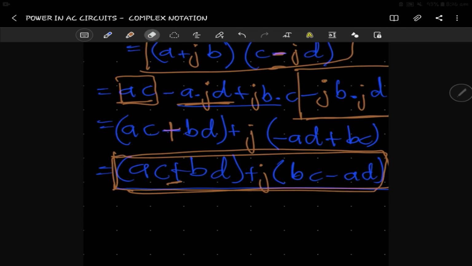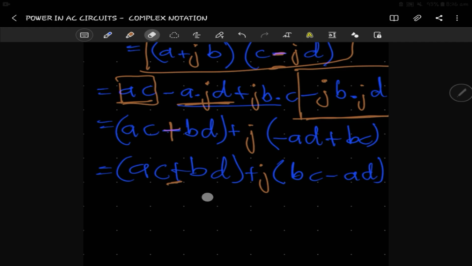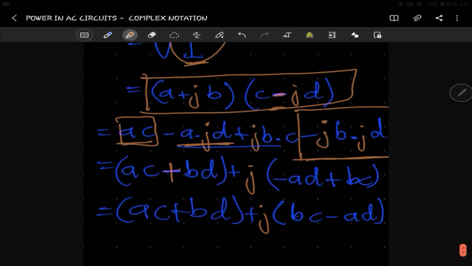So always, whenever you are trying to find power using the complex forms, and you have the voltage and current, you conjugate the current. Conjugate the current. Very important.